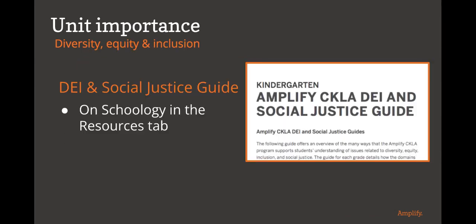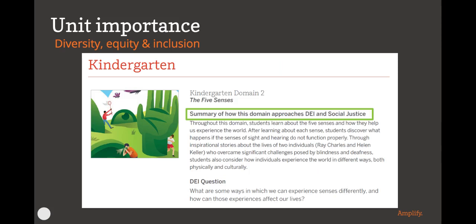Now let's turn to how this unit connects to diversity, equity, and inclusion. Our DEI and social justice guides available on Schoology in the Resources tab will help you explore how the 5 senses unit brings diversity, equity, and inclusion to life for students. In the guide, you'll see a summary of how diversity, equity, and inclusion is addressed as students learn about the 5 senses, how the 5 senses help us experience the world, and what happens if the senses of sight and hearing do not function properly.